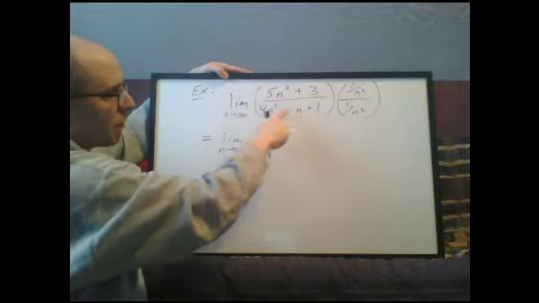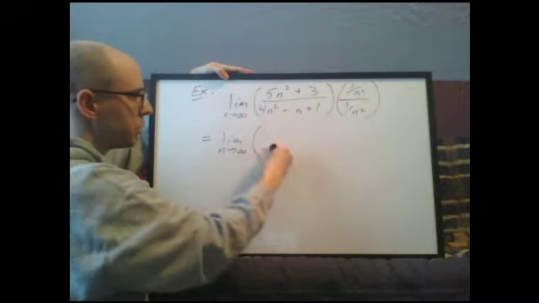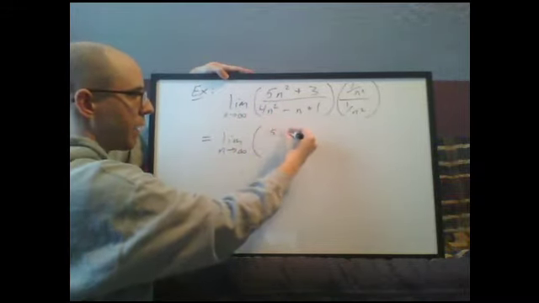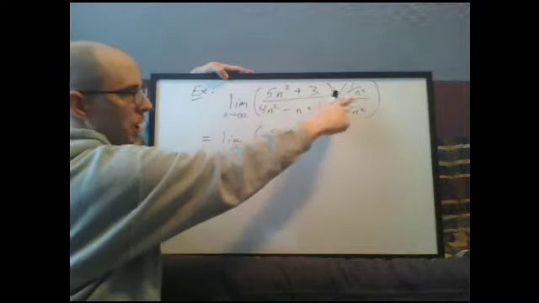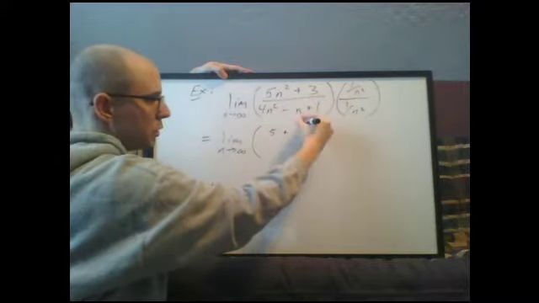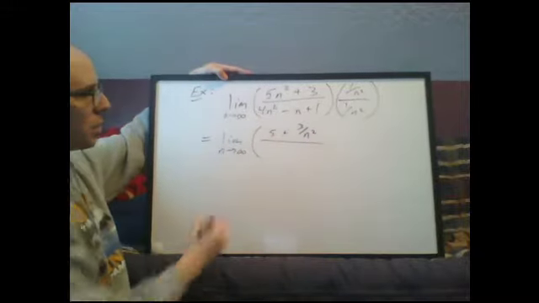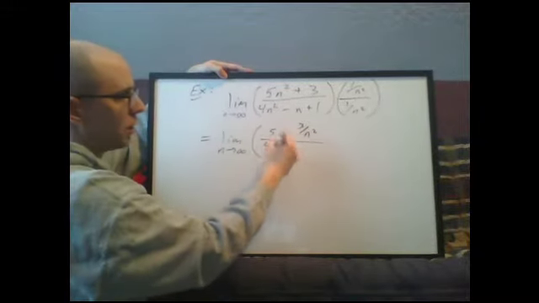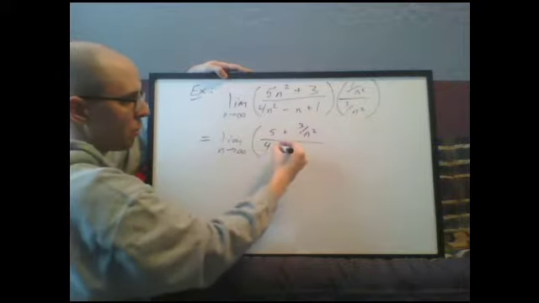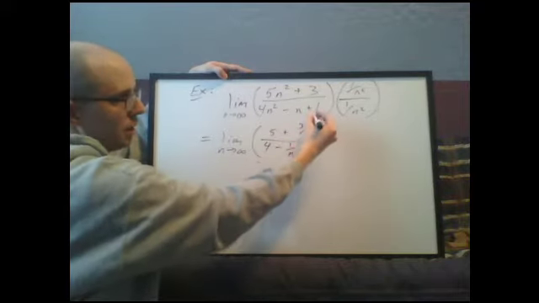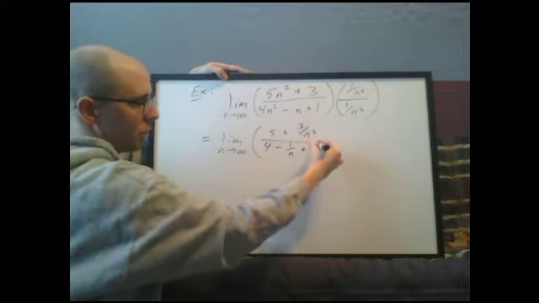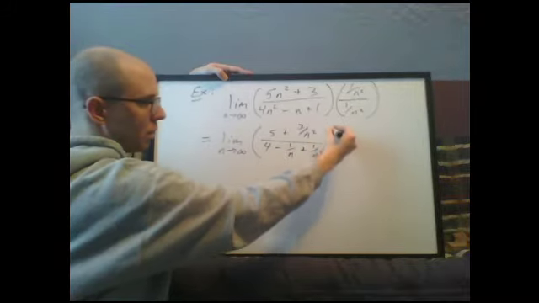What that leaves me with is 5, because the n squared will cancel with this n squared, plus 3 over n squared, divided by 4 minus n over n squared, which would be minus 1 over n, and plus 1 times 1 over n squared, which would be 1 over n squared.